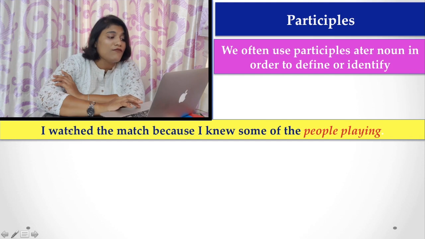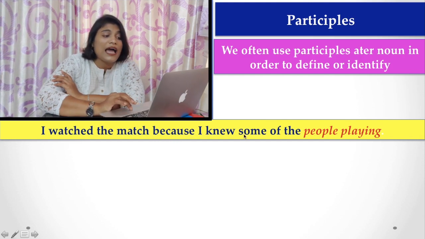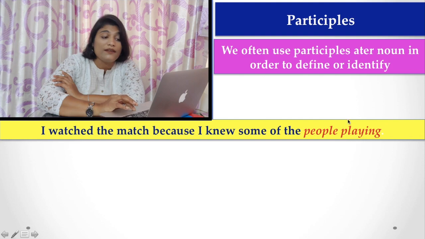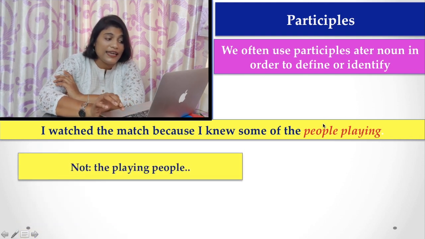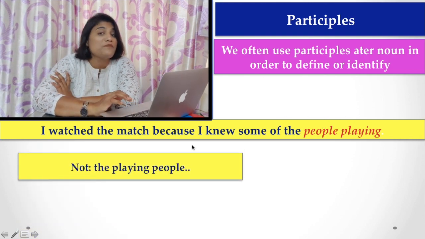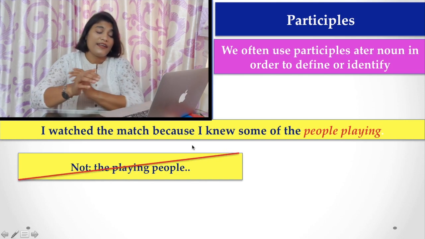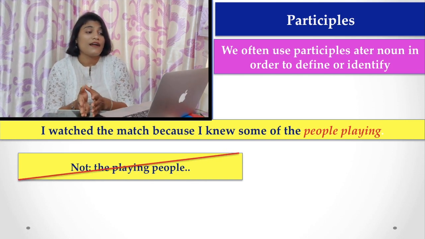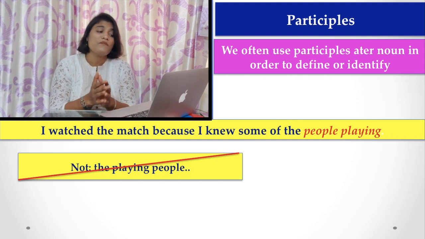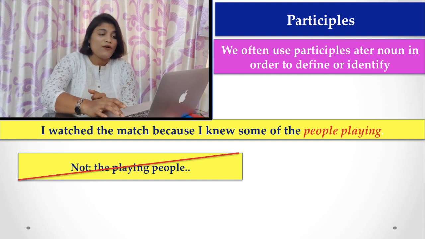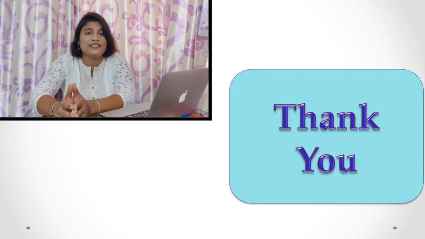For example, I watched the match because I knew some of the people playing. Here, playing is used as an adjective after the noun people, but in that case you may not write the playing people. This is not the correct choice, because you need not write the verbal ing form before this noun. So I hope you understand all these things very clearly.